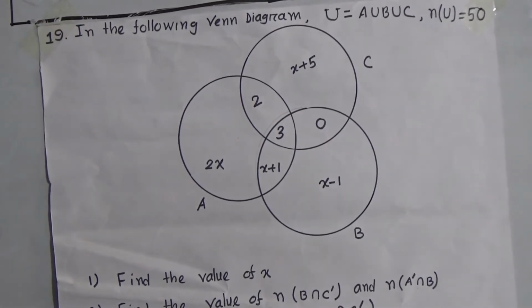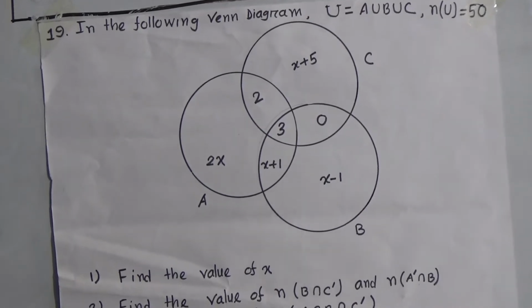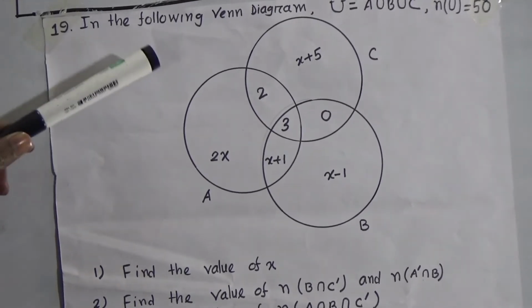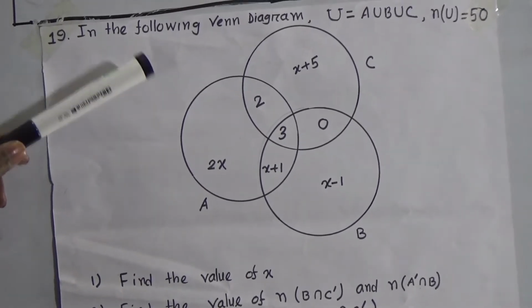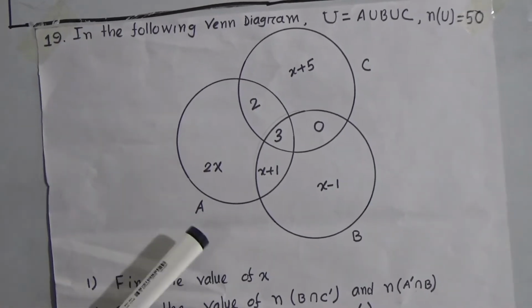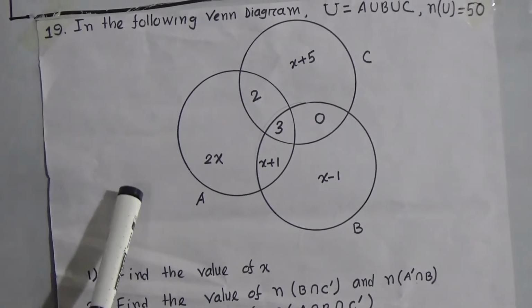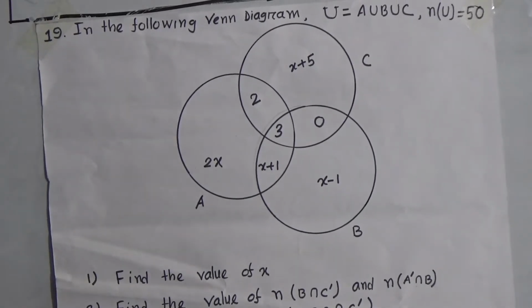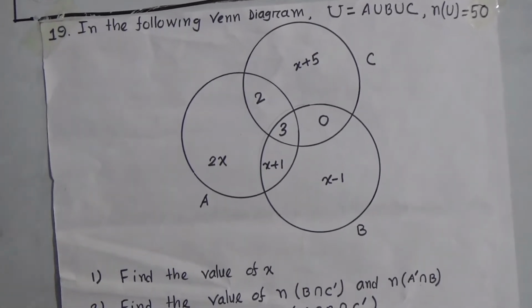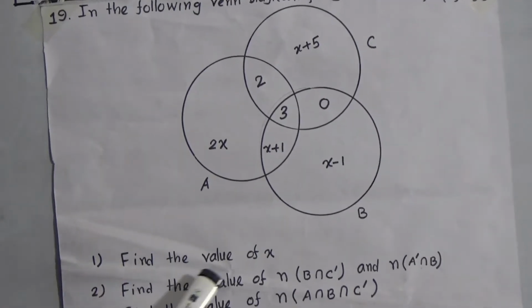You also see in the Venn diagram that the element 3 is common for all the sets, that means A set, B set and C set. Now, question 1: find the value of x.